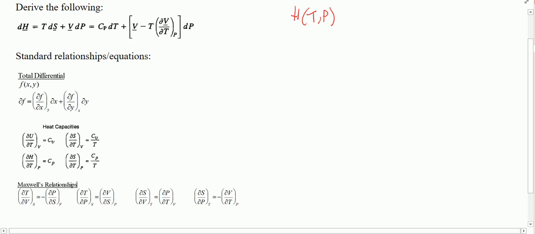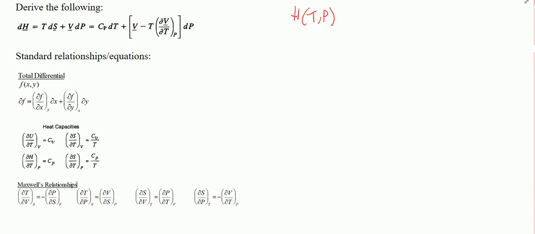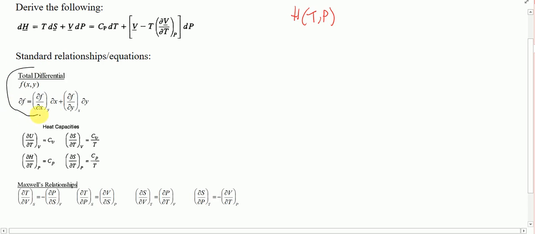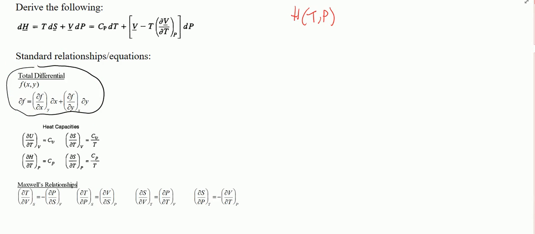After doing that, we want to apply one of the rules, and this rule is called the total differential, which is shown right here. Using this, we can identify the f, x, and y.